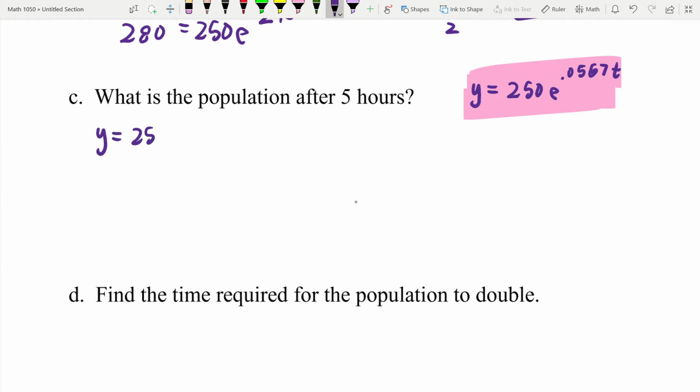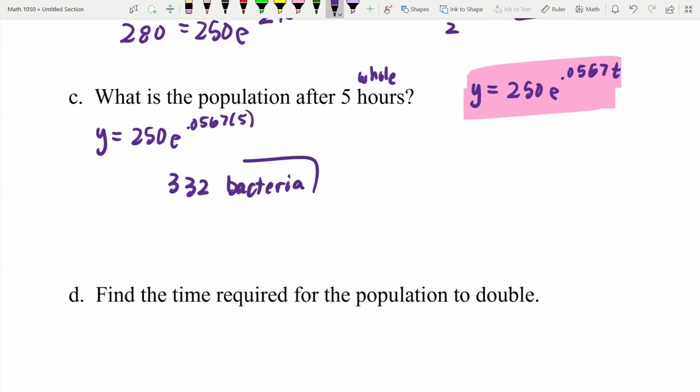It's going to be y equals 250 e to the 0.0567 times 5. Grab your calculator and go 250, second, ln, 5, memory bar, enter, close it, enter. We're going to go to the nearest whole, and we're talking about bacteria, so it's 332 bacteria, and we're done.